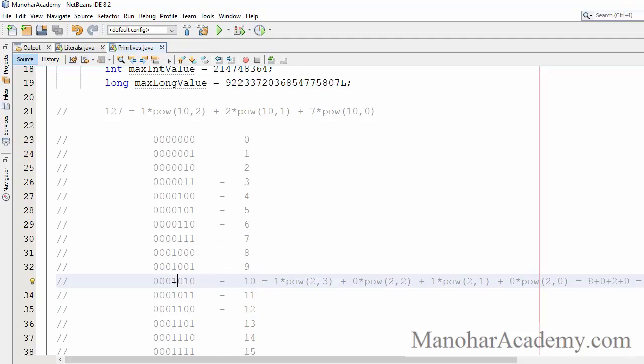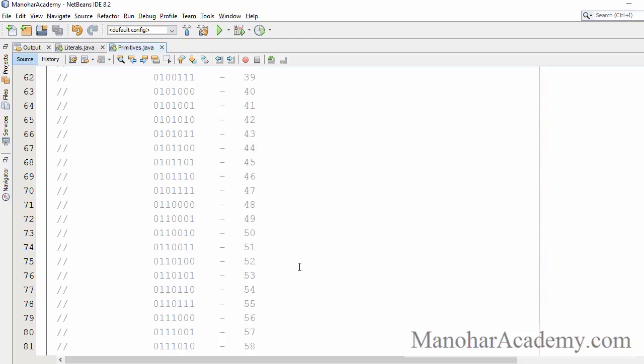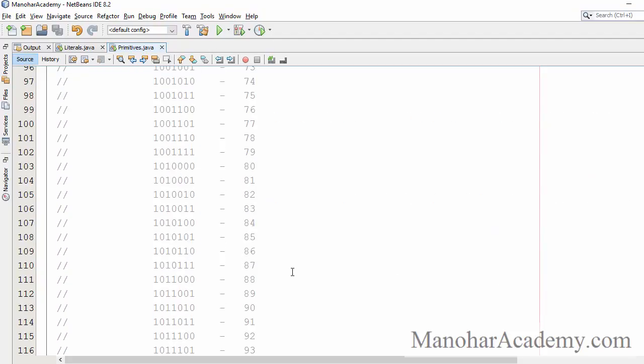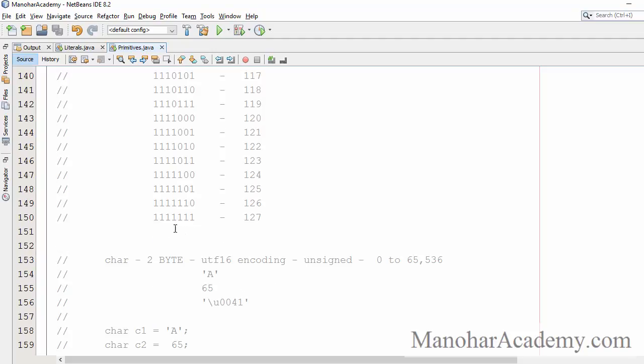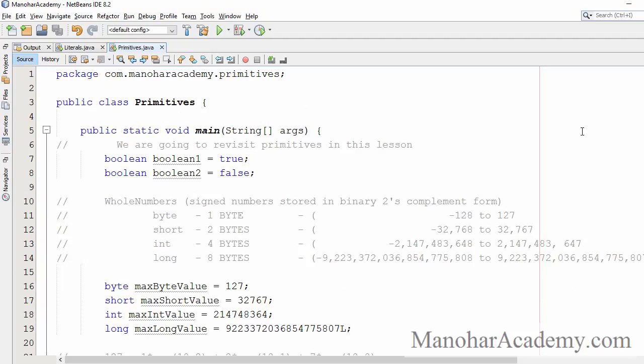The first one is in the third place, so 1 into 2 to the power of 3, plus 0 into 2 to the power of 2, plus 1 into 2 to the power of 1, plus 0 into 2 to the power of 0. It's going to be 8 plus 2, that is 10. So the maximum value is 127. It is going to be all ones except for the first bit. Its value is 127. So a byte can save only a maximum of 127.